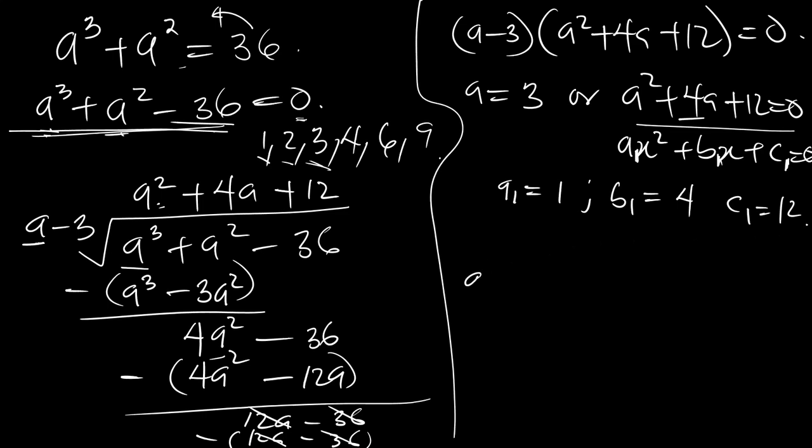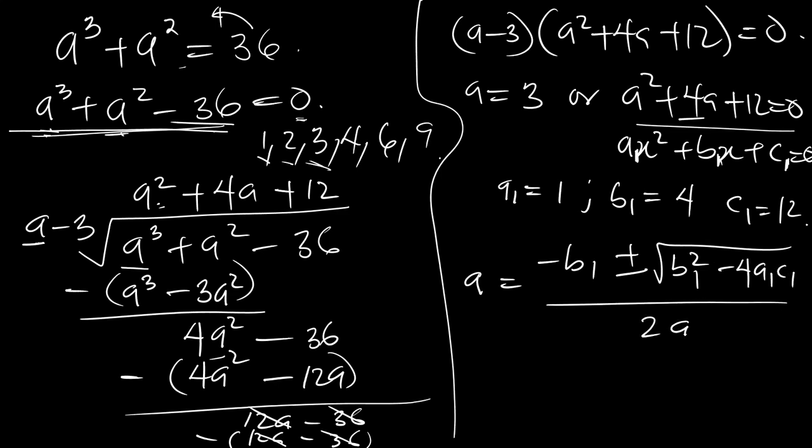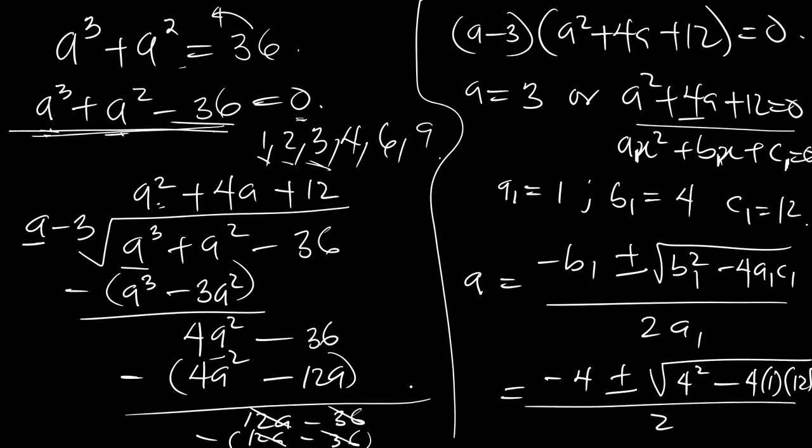So now that means a is equal to minus b1 plus or minus the square root of b1 squared minus 4 a1 c1, divided by 2 a1. So you now have minus 4 plus or minus the square root of 4 squared minus 4 times 1 times 12, divided by 2.